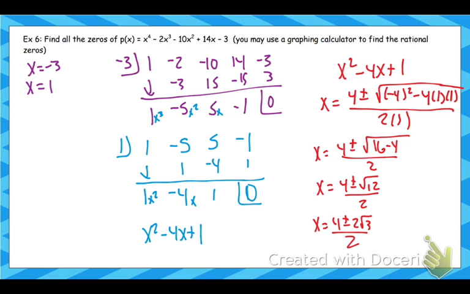Simplify the square root of 12. Both the 4 and the 2 are divisible by 2. And I get my other 2 zeros. So again, remember, 4th degree should have 4 total zeros. Negative 3, 1, 2 plus the square root of 3, and 2 minus the square root of 3.